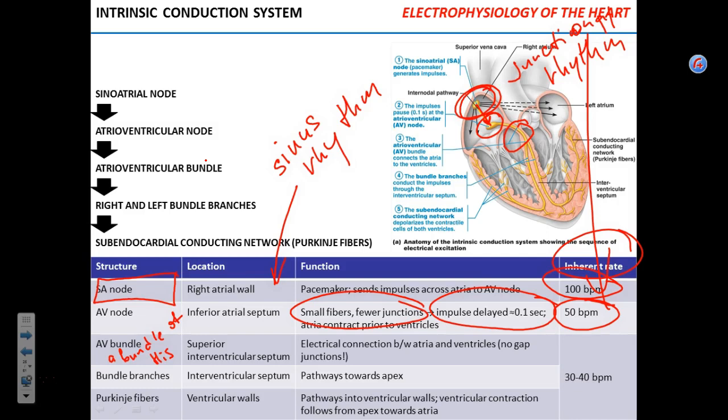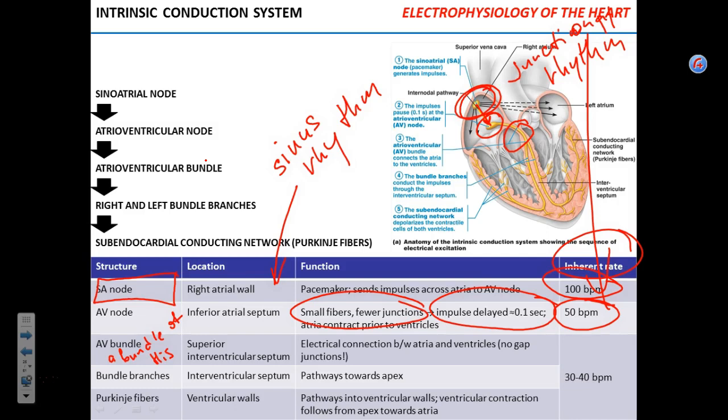Now, why it is so important? Why it is so important that there are no gap junctions, only AV bundle that connects atria and ventricles? Moving on, like try to move a little bit farther.